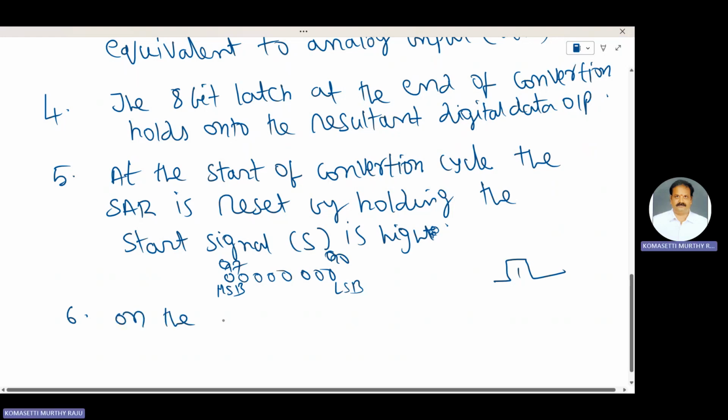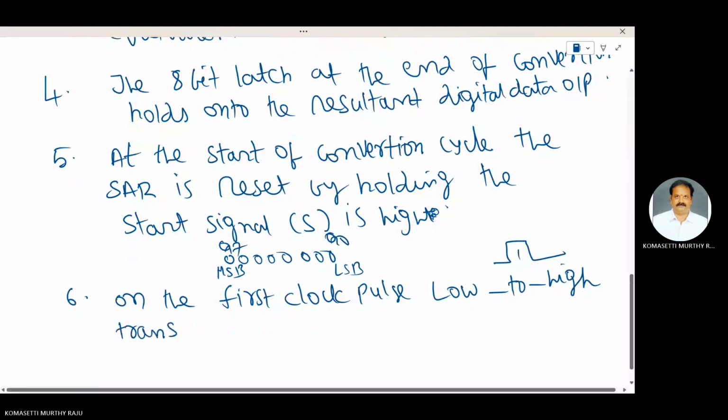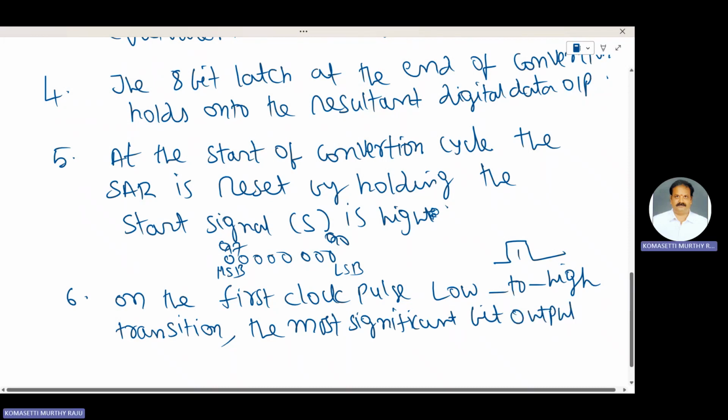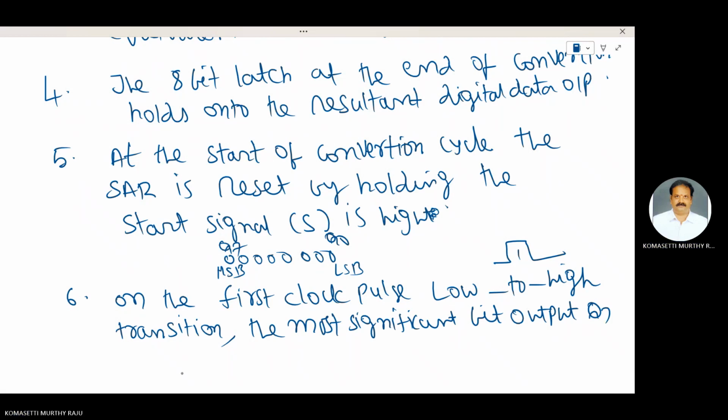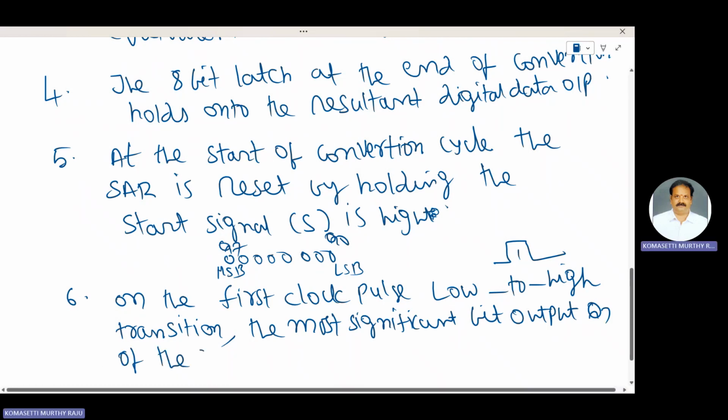On the first clock pulse, low to high transition, the most significant bit output, that is Q7 of the SAR, is set.